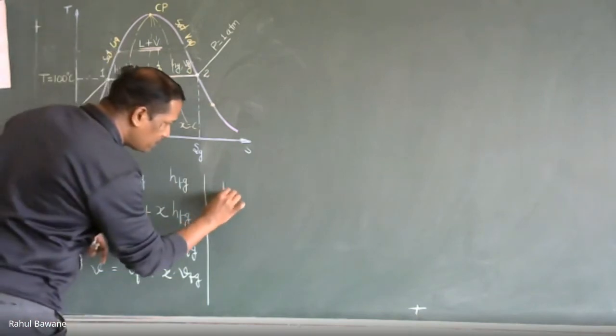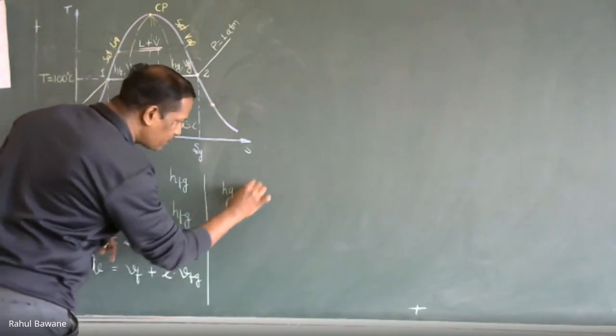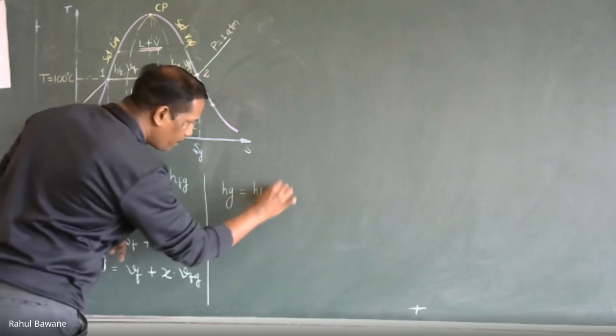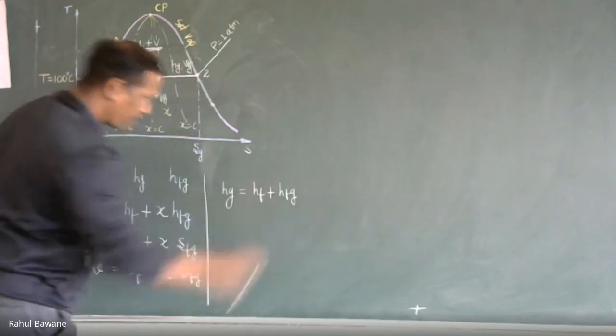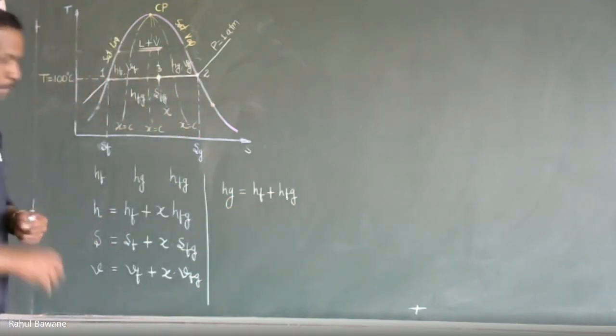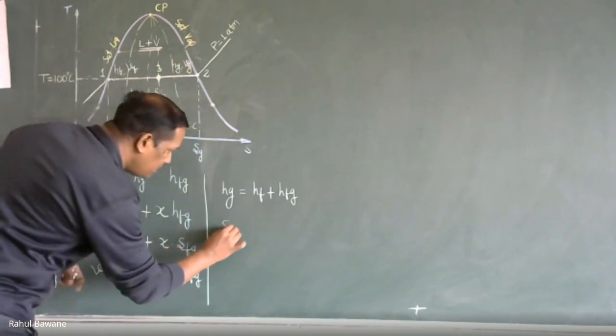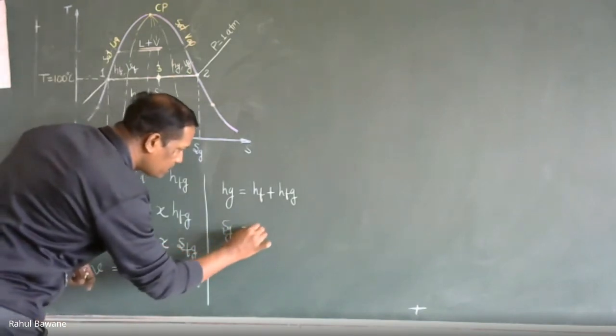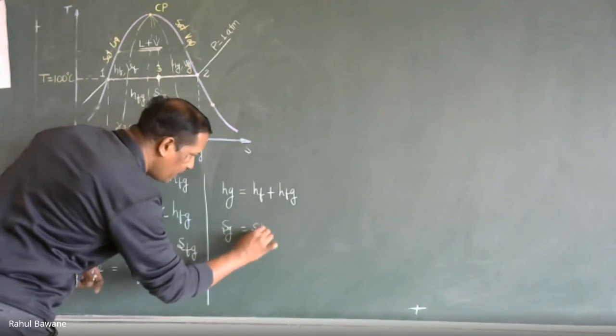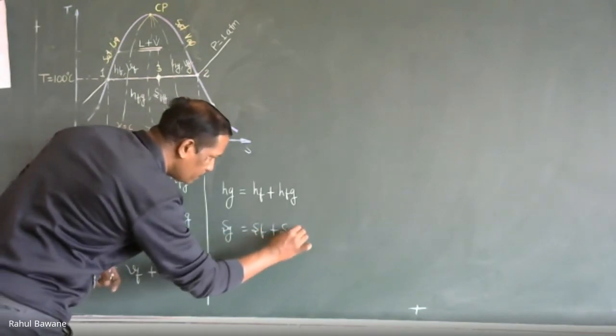So Hg is always equal to Hf plus Hfg. Sg is always equal to Sf plus Sfg.